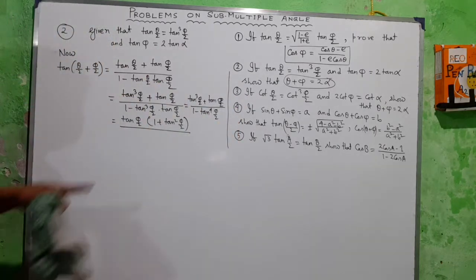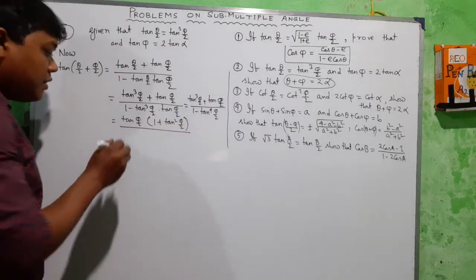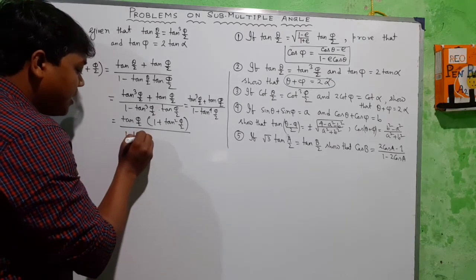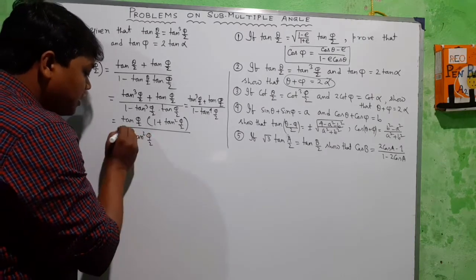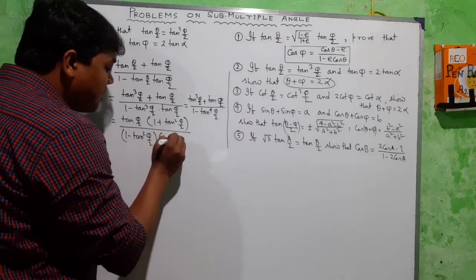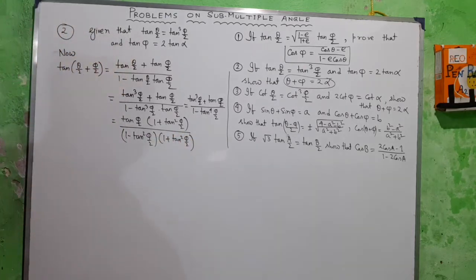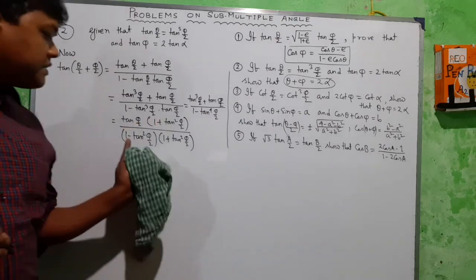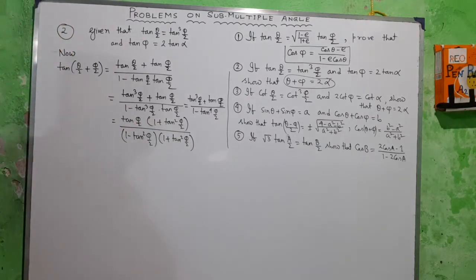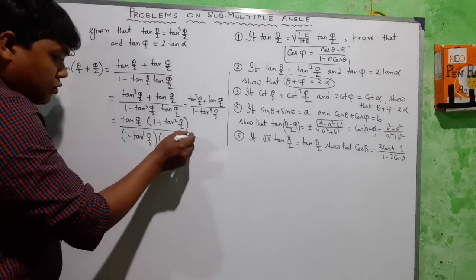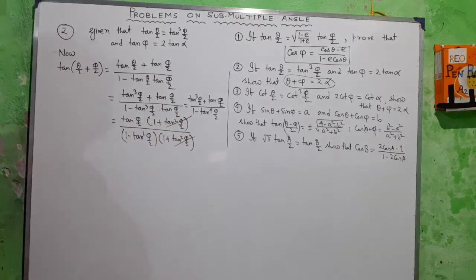Okay, so we can use 1 minus tan square phi by 2 and 1 plus tan square phi by 2 by using the a square minus b square formula. So 1 minus tan square phi by 2 and 1 plus tan square phi by 2, and this is non-zero, so this part and this part are cancelled.